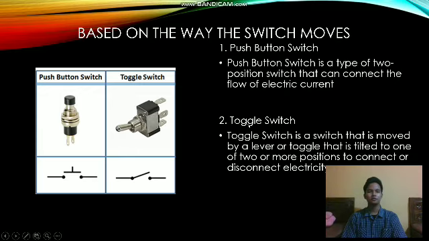Number two, you can look at the picture, is the toggle switch. A toggle switch is a switch that is moved by a lever or toggle that is tilted to one of two or more positions to connect or disconnect electricity. Okay.